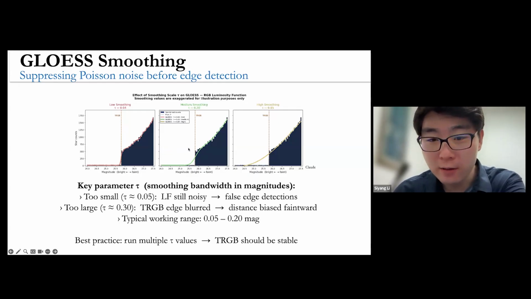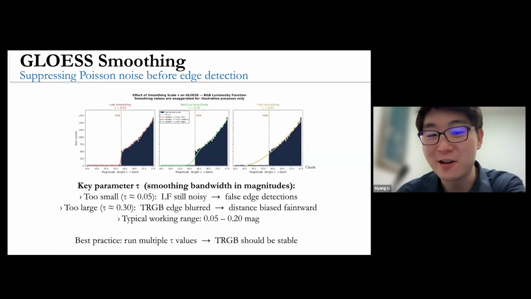As you crank it up, you can smooth out those bumps and wiggles, but you start to smear out this discontinuity. I think that's natural because you're applying smoothing to a non-smooth luminosity function.